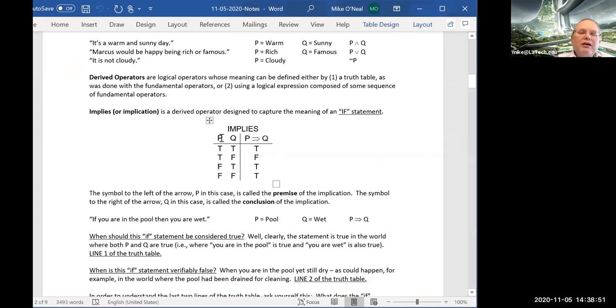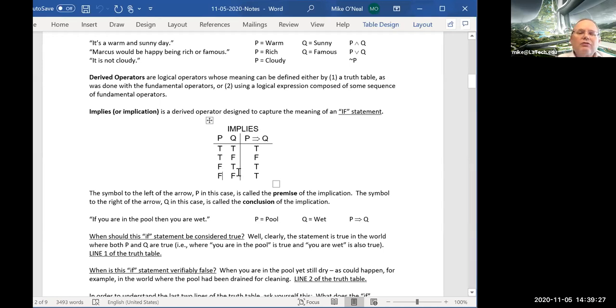Notice P, that is, I'm in the pool, is false. So I'm not in the pool in either of these cases. The if statement is true, and I could either be wet or dry. We have to give a value of T to this if statement because we're recognizing that when the premise is false, the conclusion can be either true or false. Neither of these cases would make the if statement a lie.